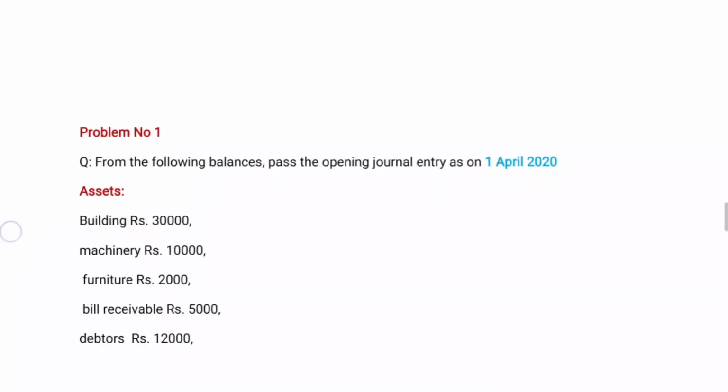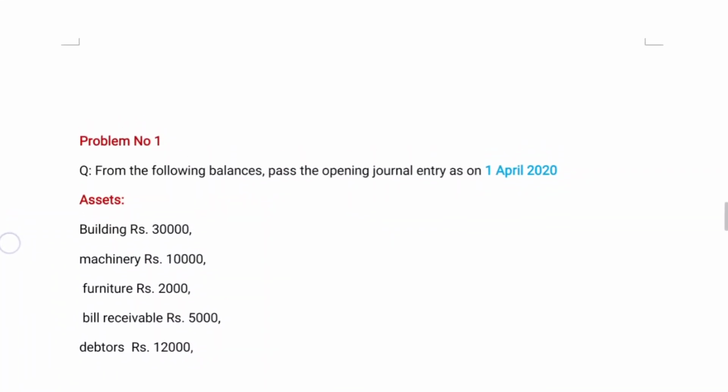Now we are coming to problem number 1. From the following balances, pass the opening journal entries as on 1st April 2020. Here 1st April 2020 is the opening year, so we are preparing the opening journal using the previous year's data.